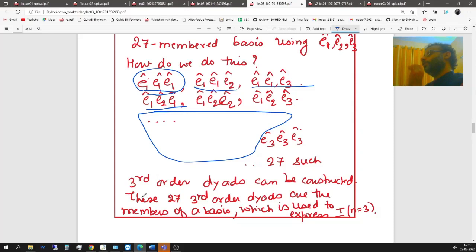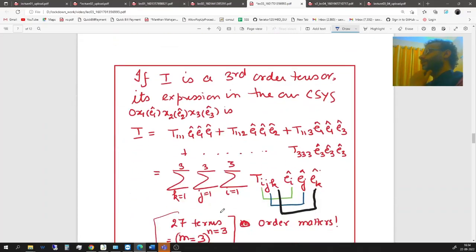I am just going to call them third order dyads. Dyad in this context means a combination of unit vectors standing next to each other, and third order means there are three of them standing next to each other. These 27 third order dyads are the members of a basis which is used to express a third order tensor.